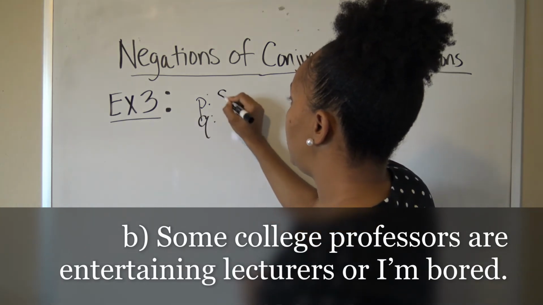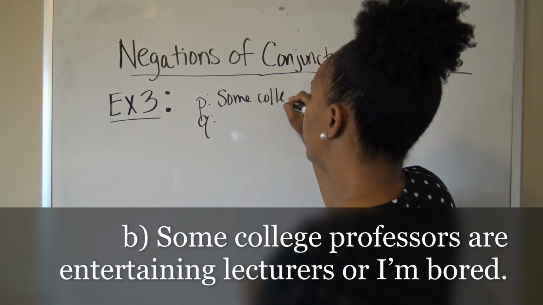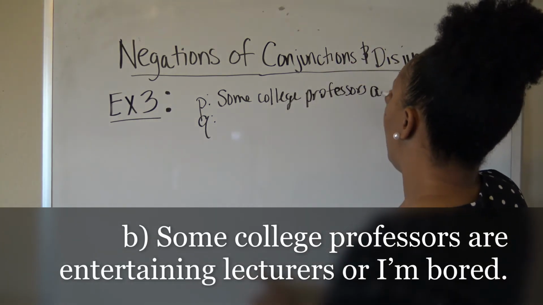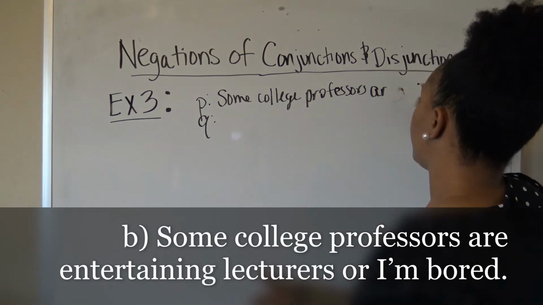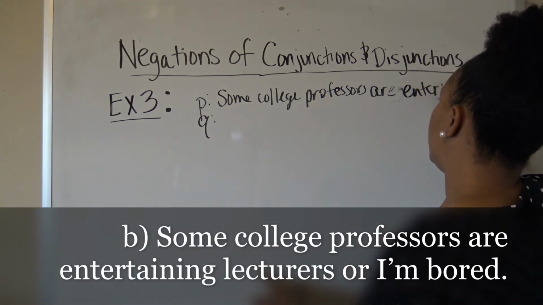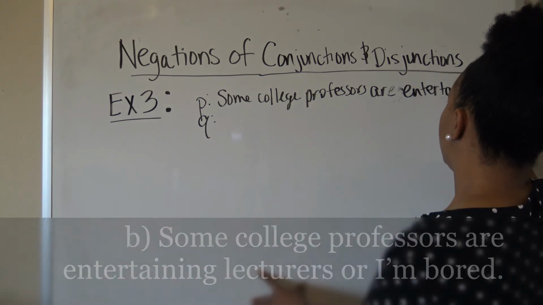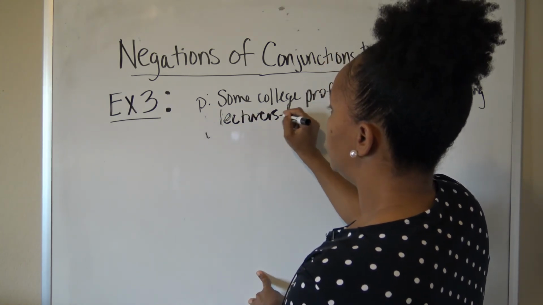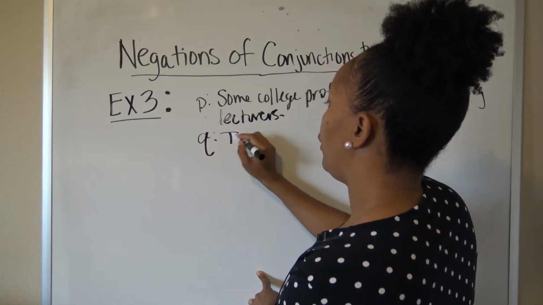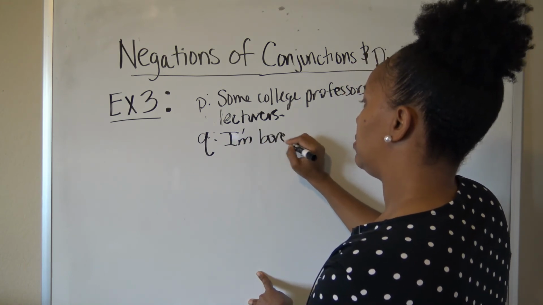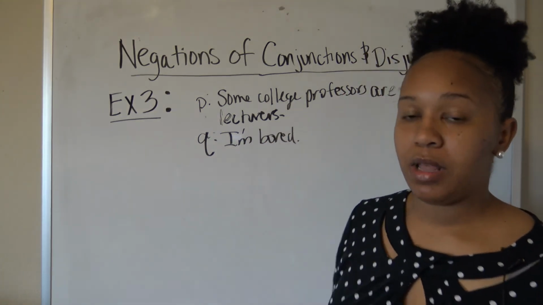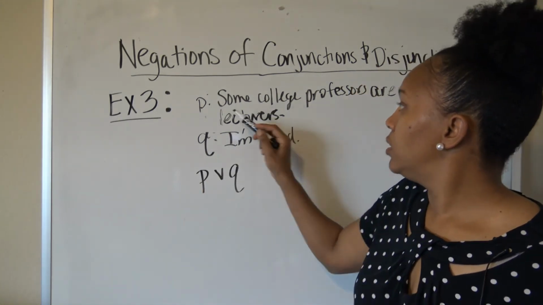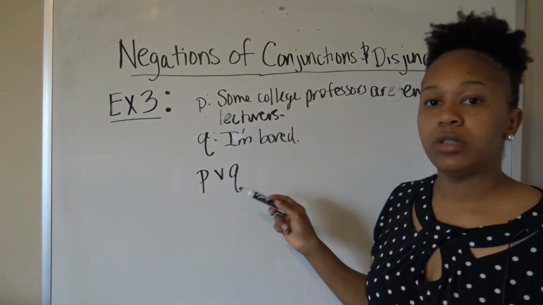So my P would actually be some college professors are entertaining lecturers, and then Q would be I'm bored. So our statement in symbolic form would be P or Q. So some college professors are entertaining lecturers or I'm bored.